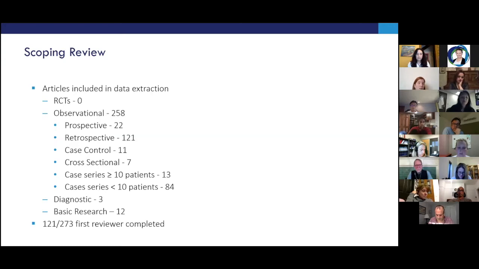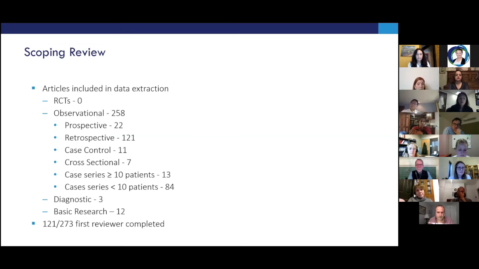We excluded case series if there were less than 3. The primary reason for doing that early on was because we weren't sure what we were going to get out of our literature review, if we were going to get a lot of articles. And so we do have a big bulk of case series with less than 10 patients in the series. And we are still in the process of doing our scoping review.